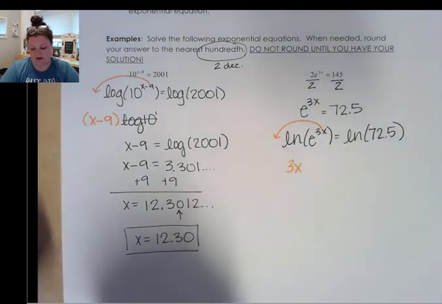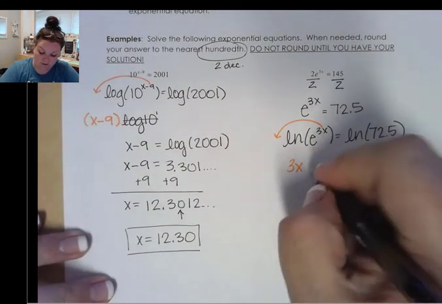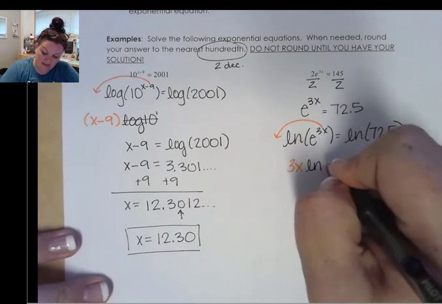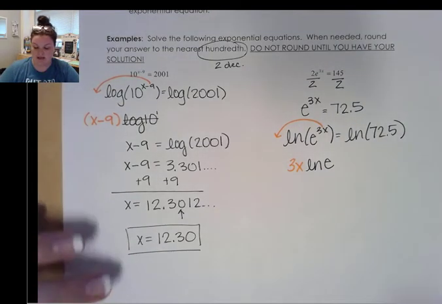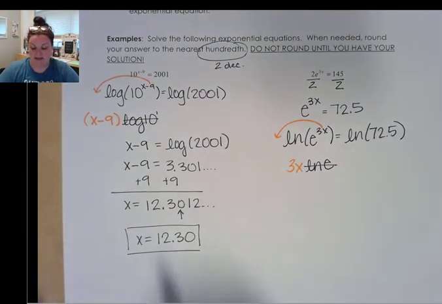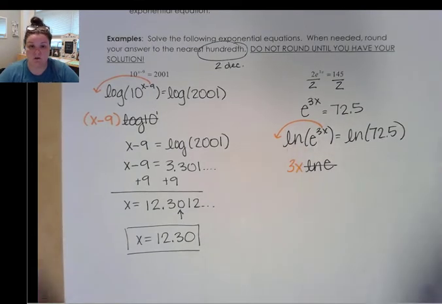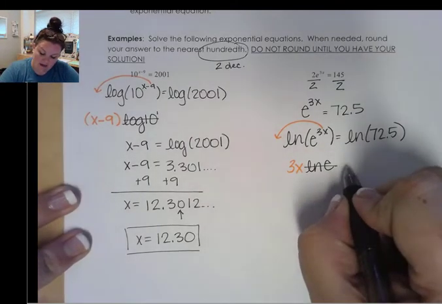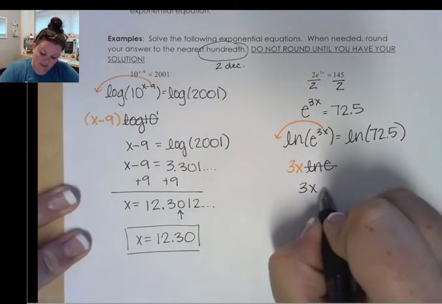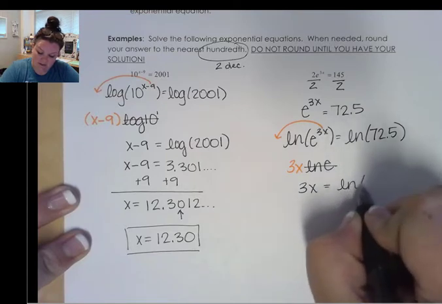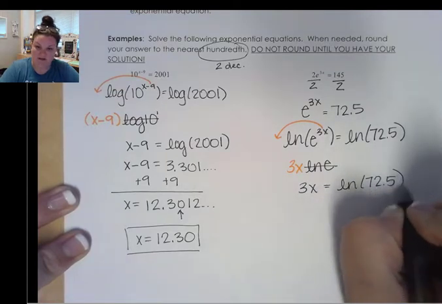I'm going to go ahead and write it as bringing the 3x down, which is 3x ln e. And then I'm going to cancel my ln e. Again, if you want to cancel it right here, that's totally fine. I'm just showing this step because this is what we're going to see later on for ones that don't cancel. Okay. And on the other side, so here we just have 3x is equal to ln of 72.5.